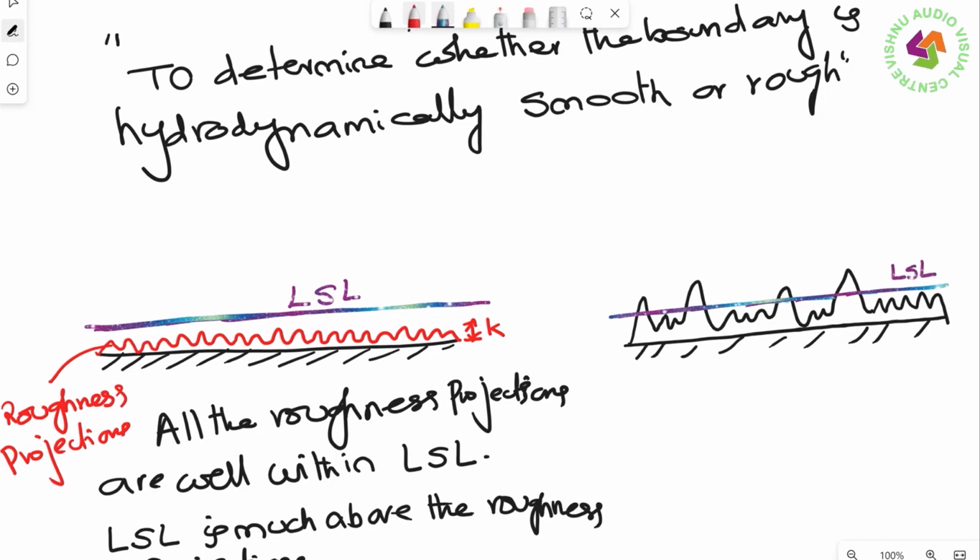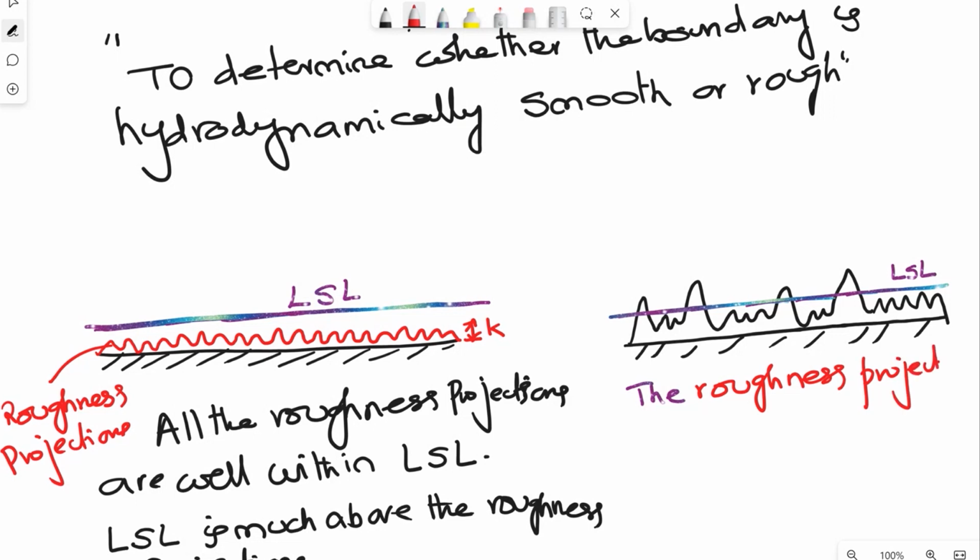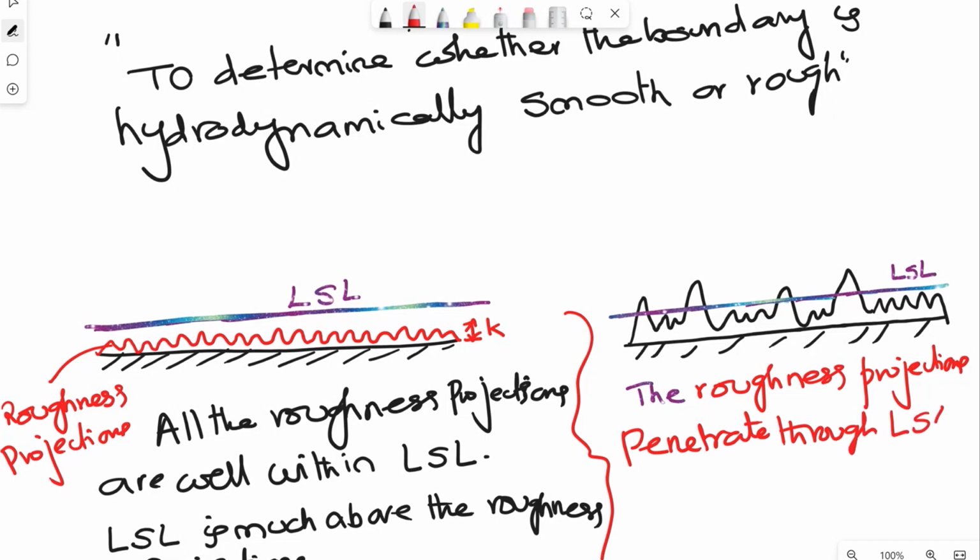Now, if you see here, the roughness projections penetrate through the laminar sublayer and are directly exposed to the flow.